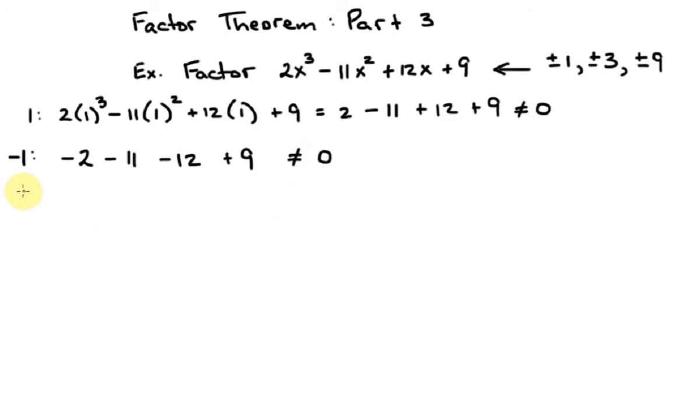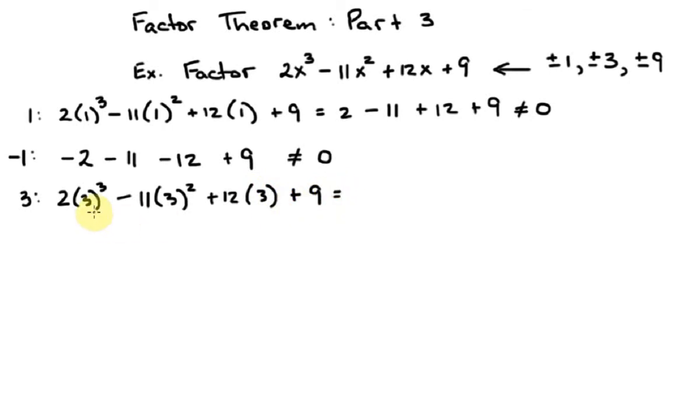So now I got to go to 3. Let's write it out. We got 2 times 3 cubed, minus 11 times 3 squared plus 12 times 3, and then plus 9.